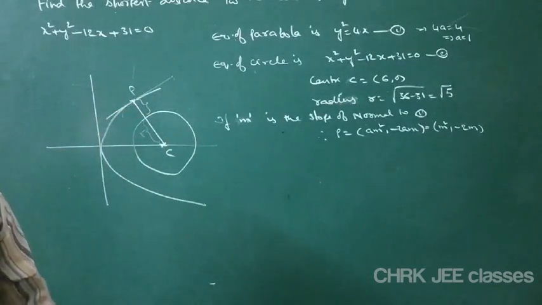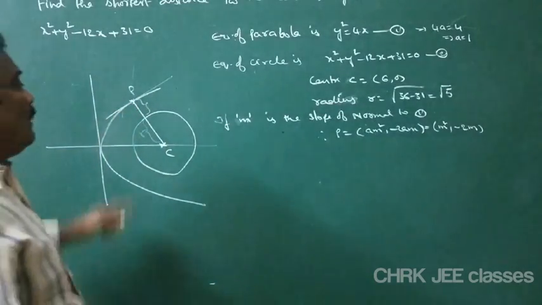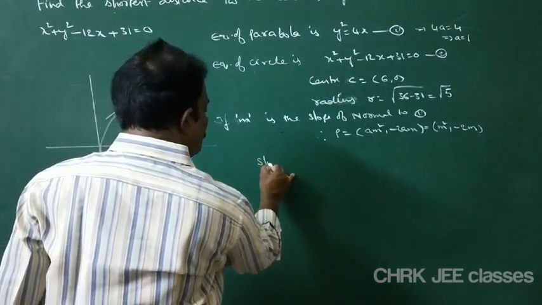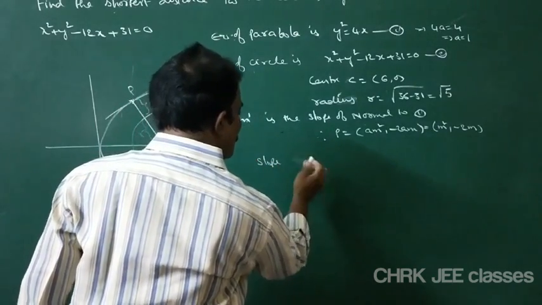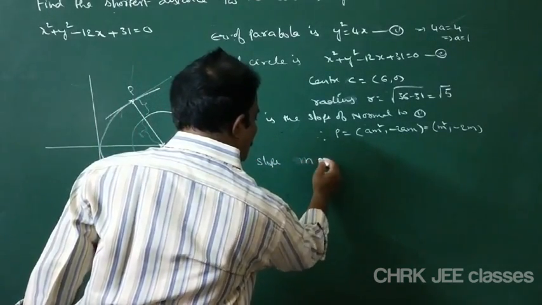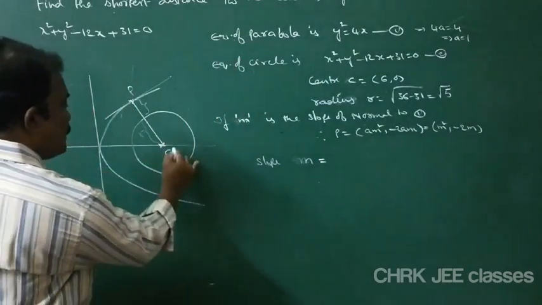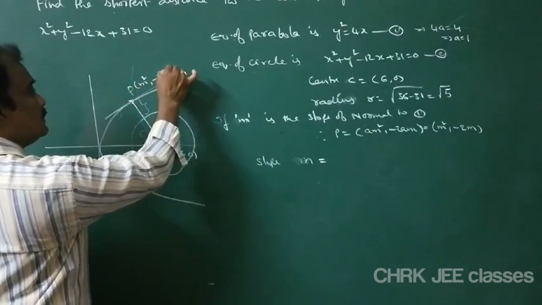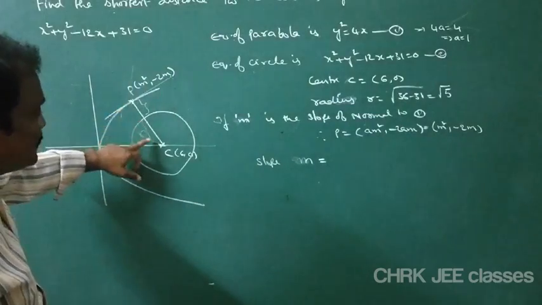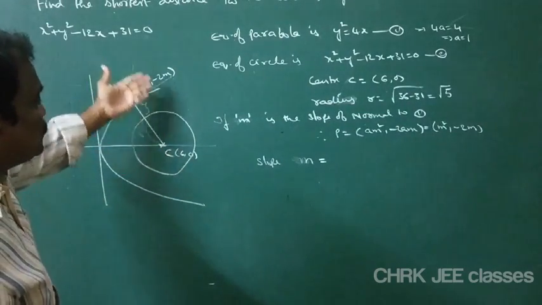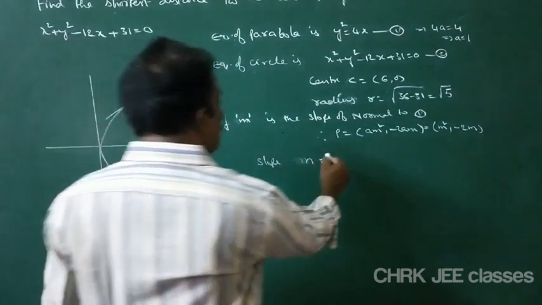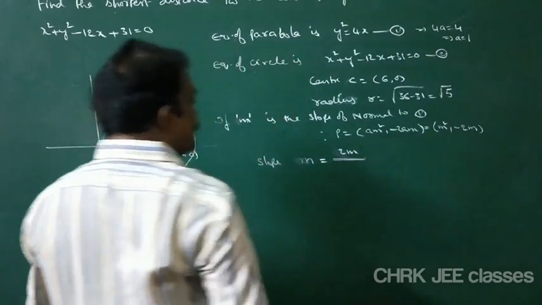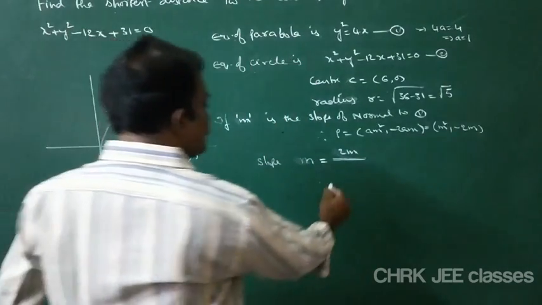For finding it, we have to find the point P. If m is the slope of the normal, slope m equals, here we know the point 6, 0 and this is m square minus 2m. Actually this is the slope of CP, but by using these two points, the slope is the difference of the y coordinates, 0 minus minus 2m, by 6 minus m square, that is 2m by 6 minus m square.